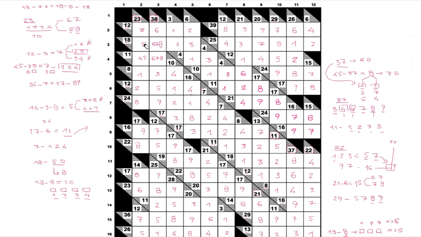And here will be 5, and here will be number 8. And finally, here will be number 4, and here will be number 7 as the last 2 numbers in this Kakuro. Thank you very much. See you.